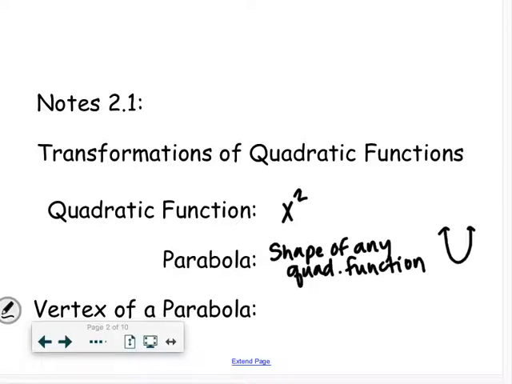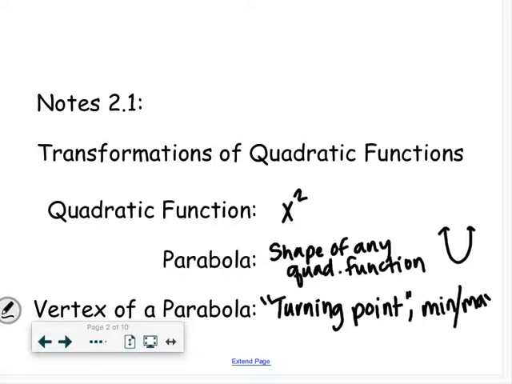The vertex of the parabola, I'm going to describe. Some people say it's like the turning point, where it would turn from decreasing to increasing or vice versa. It turns around or changes direction. And then you might also say it's like your min or your max.